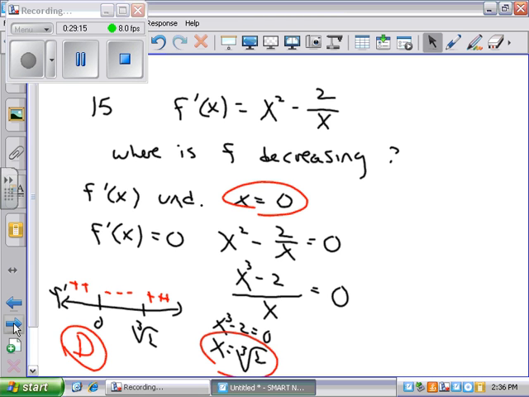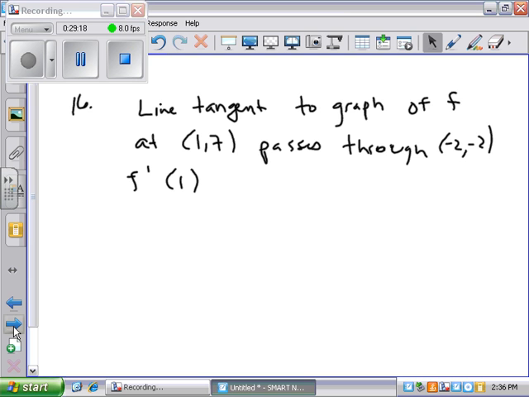I love this question. I don't even know what the function is, so you draw a picture. Okay, we've got some graph. I don't know what it looks like, but I know if you draw the tangent line at 1, 7, here's the point 1, 7, that tangent line will go through the point negative 2, negative 2.